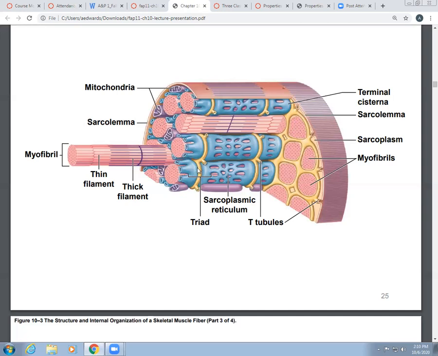And if you combine one T-tubule and two terminal cisternae, you get a triad. And again, these are all myofibrils. It's your cytoplasm around that's your sarcoplasm, plasma membranes, your sarcolemma.